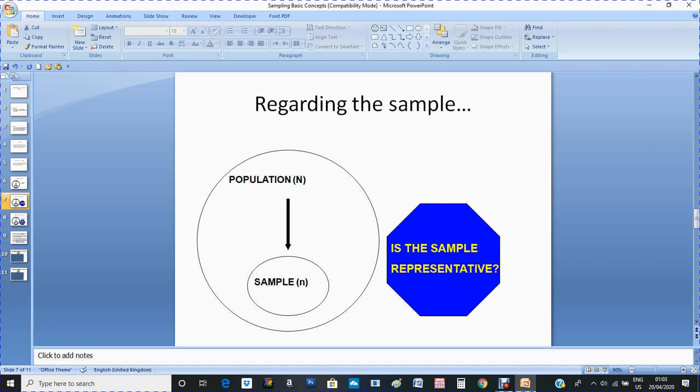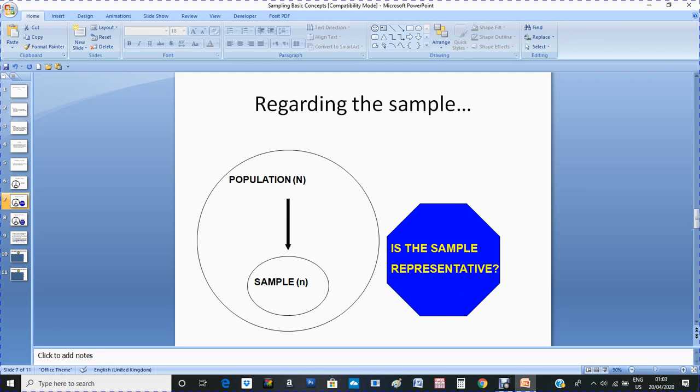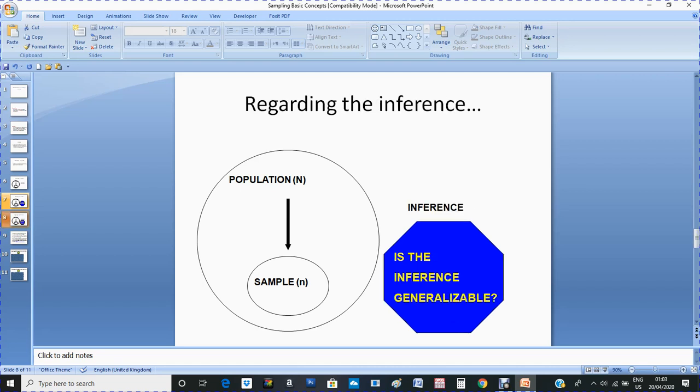It's a very big and important question. If the sample is representative, then the inference will be generalizable. If it is not representative, then the inference will not be generalizable. That's why it is very, very important to have a representative sample.